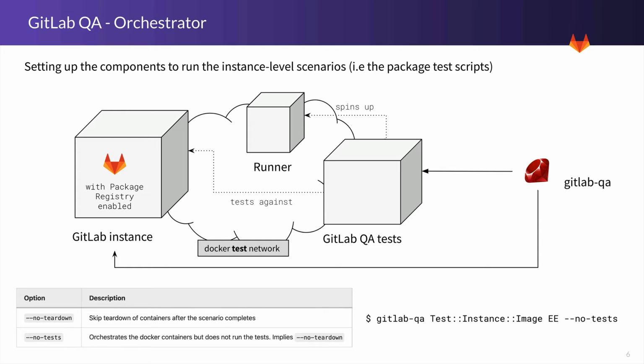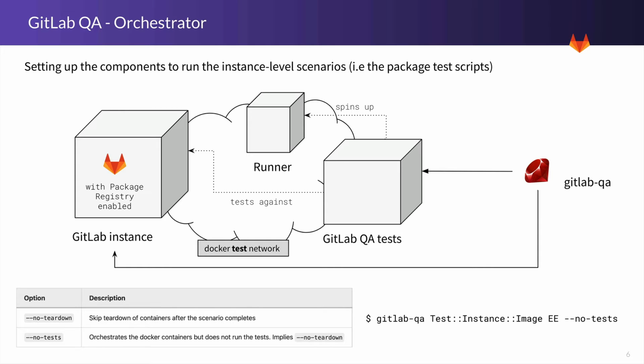So the orchestrator basically just puts up the components that are needed, and it's also possible to run this orchestrator without tests, just to have this all organized. As we can see here in the options, we have no teardown.